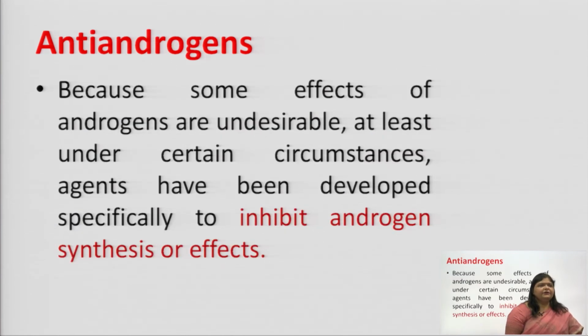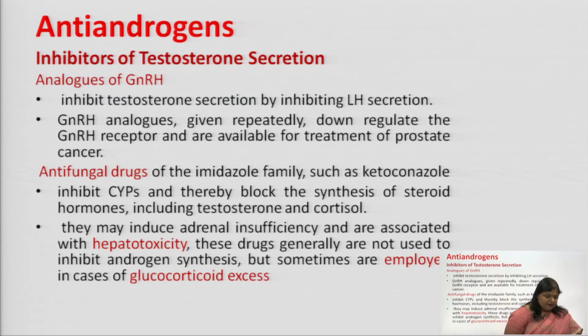Then we have the drugs which are called anti-androgens. Now, since we saw that there are certain undesirable effects of androgens, these drugs have been developed to inhibit the synthesis or the effects of these androgens.